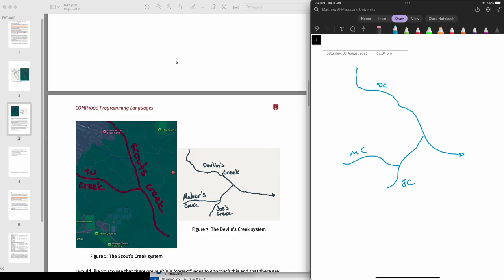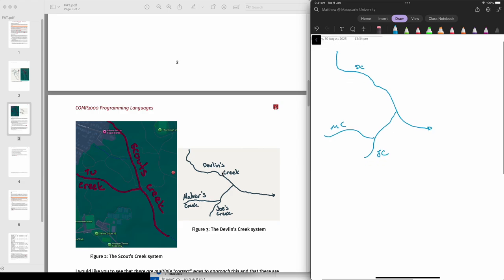It's always nice to simplify things as you're working through them, any way that makes it easier for you to understand. So on this river system, we've got kind of 3 root systems. We've got the top half of Joe's Creek here. We've got Mars Creek as well. So Joe's Creek continues on, but that bottom half is not really a root system. And then we've got the top half of Devlin's Creek as well.